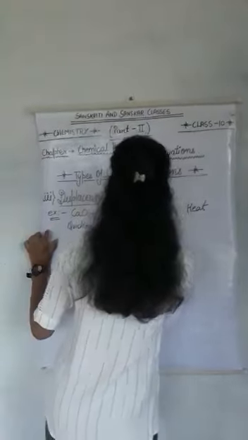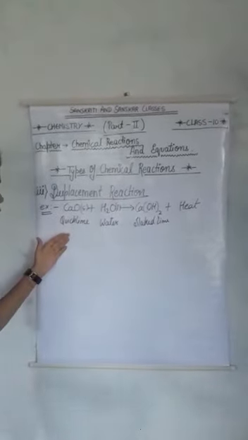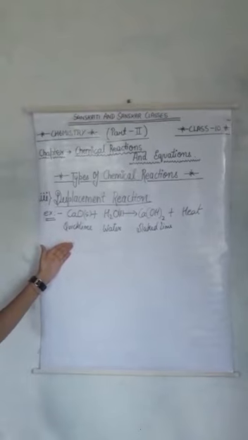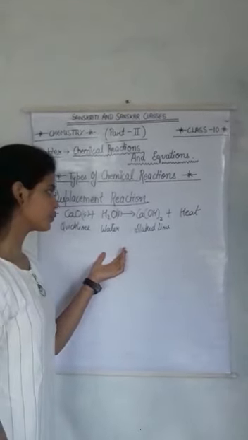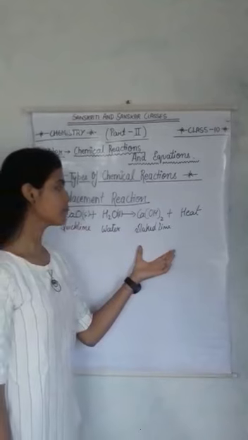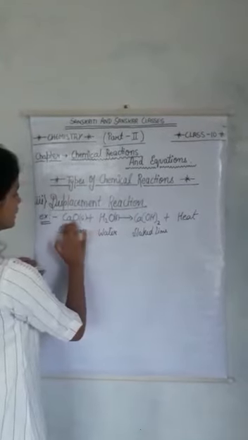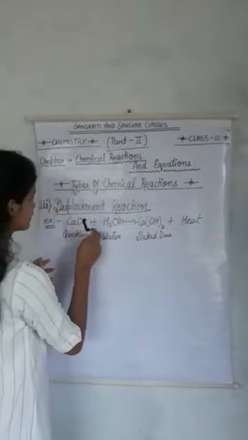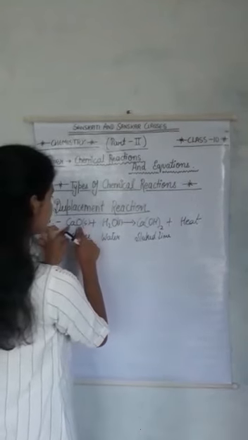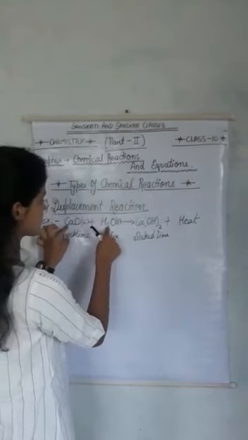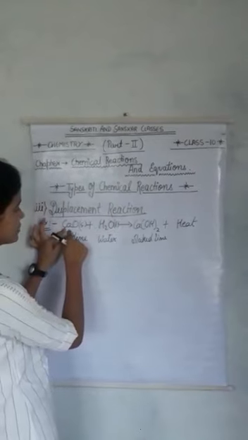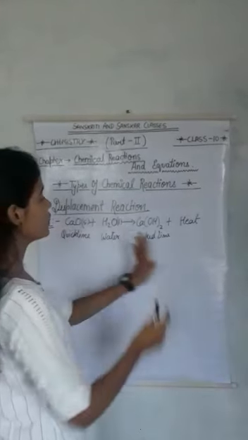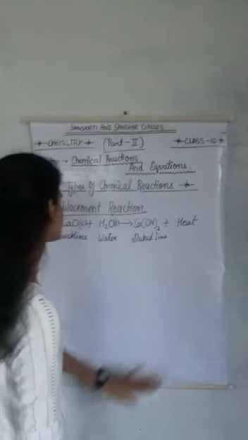Like in this example, we have taken quicklime, that is CaO, also known as calcium oxide. Water, that is H2O, will give us slaked lime and heat. So here you can observe that they are mixing. Calcium is taking this place on the product side, so this is the displacement reaction.